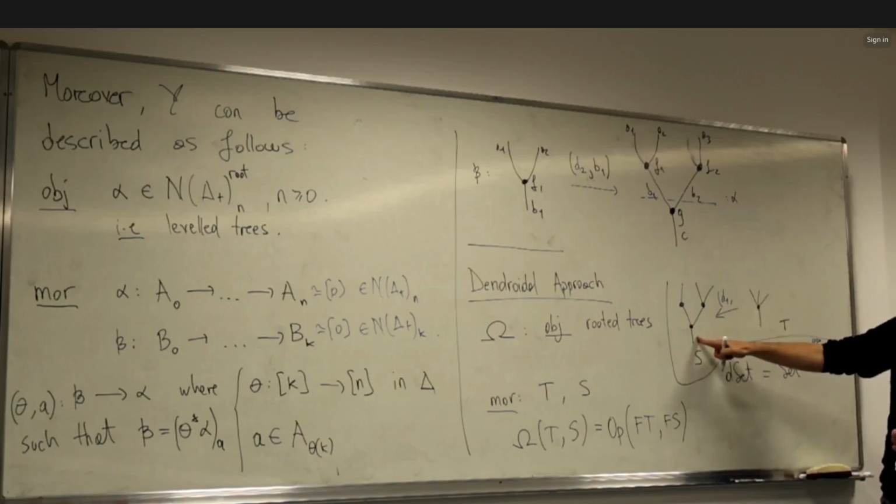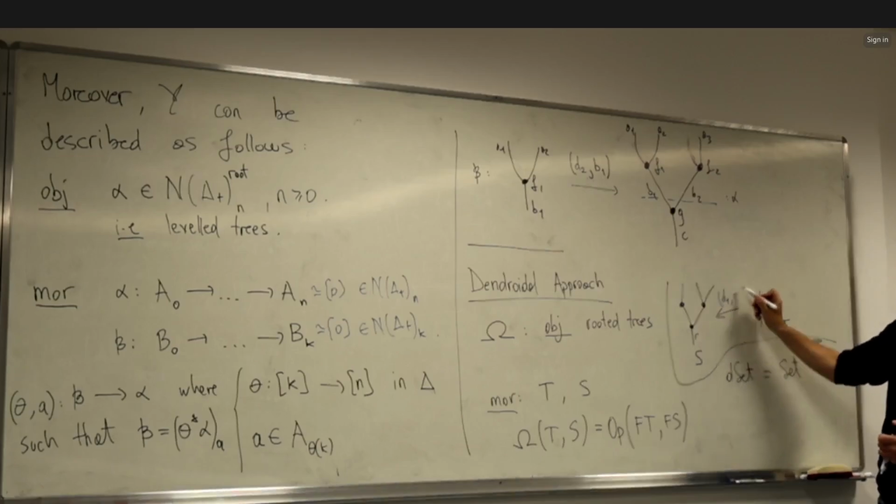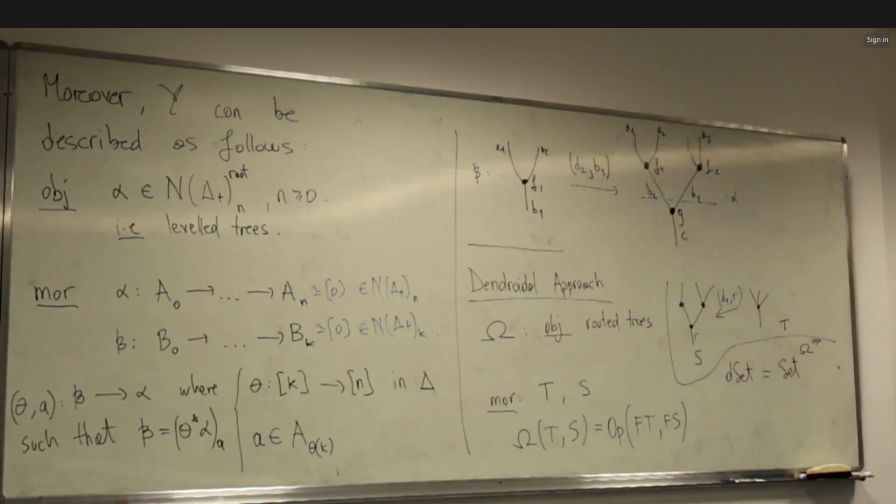And, well, you're not doing anything with the root, so if we call the root R here, we just do this. It might be worth mentioning that this actually already shows up in the classical approach to operads. There are two ways that you can define operadic composition.